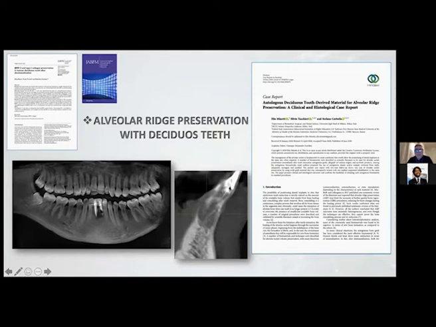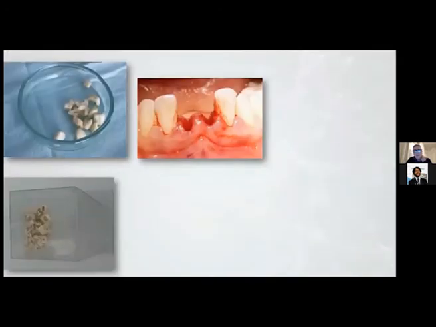So we decided to use the wisdom tooth, but the patient didn't want to, and the mother, after 2 days, came back to my clinic and told us they had a plastic container with deciduous teeth from this young woman. So we chose one of these teeth, and we cut it and used it to make the regeneration.